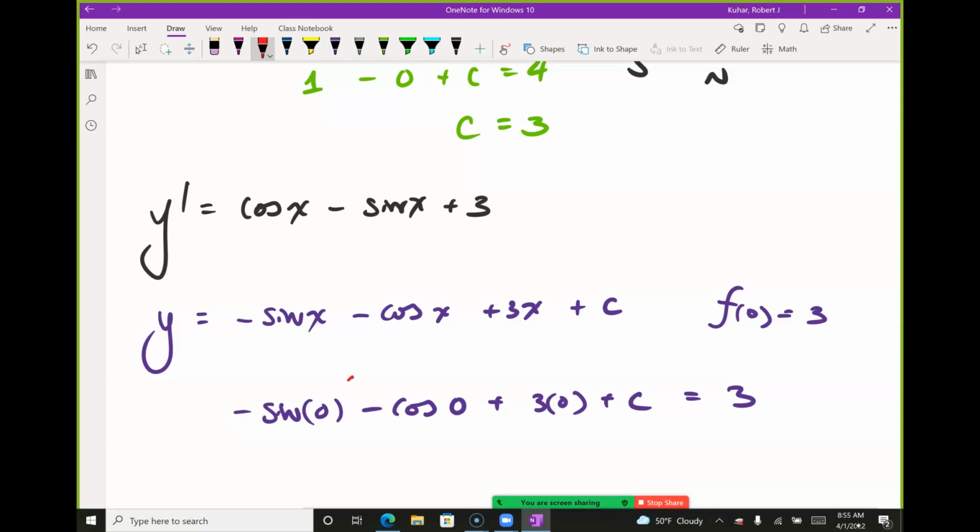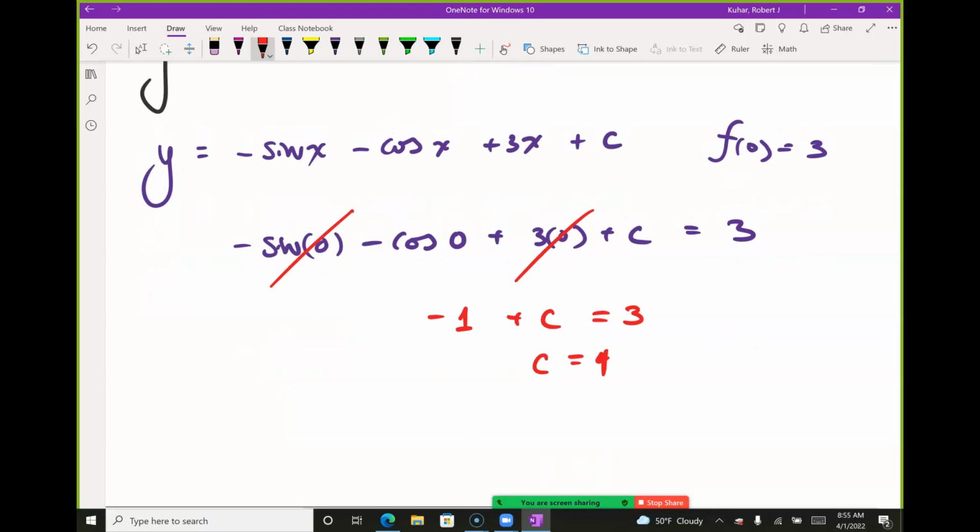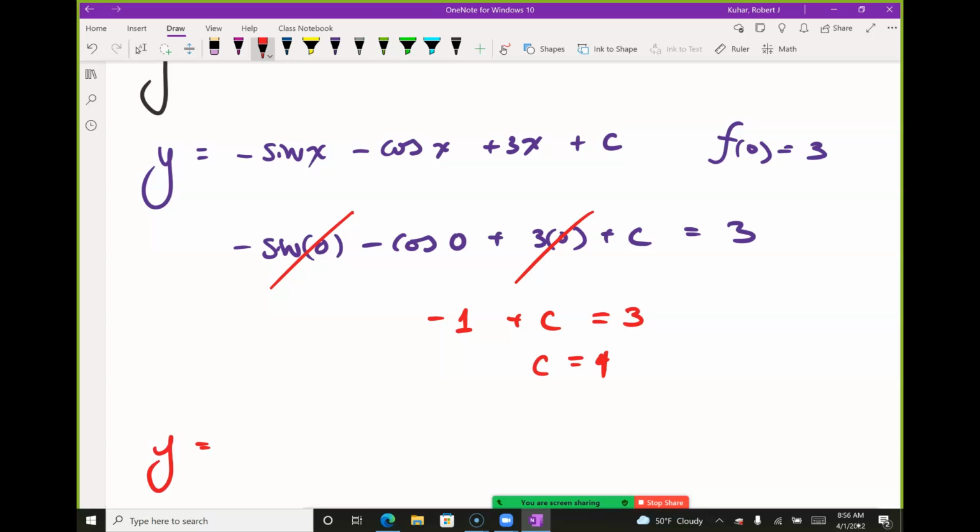Well, sine of 0 is gone, 3 times 0 is gone. Cos of 0 is 1, so negative cos of 0 is minus 1. So it looks like c is 4. And now I can finally write y equals 4 plus 3x minus sine of x minus cos of x. Done.